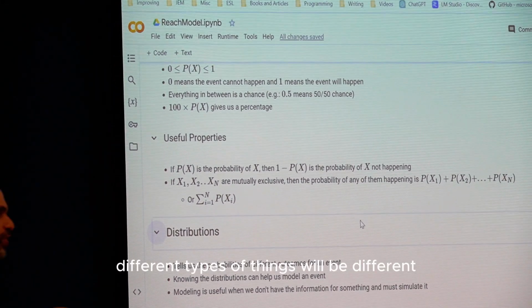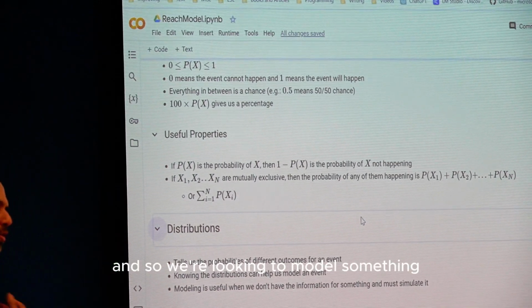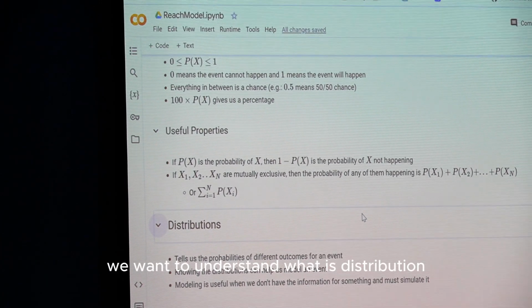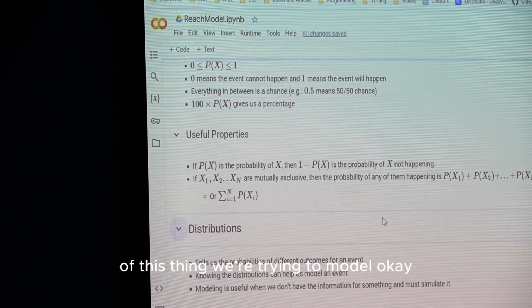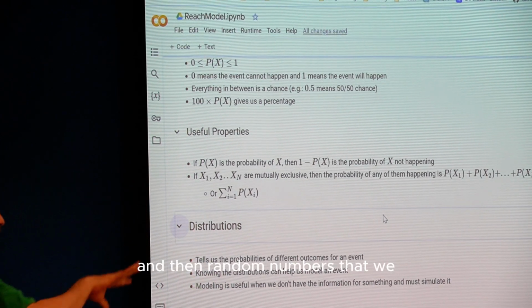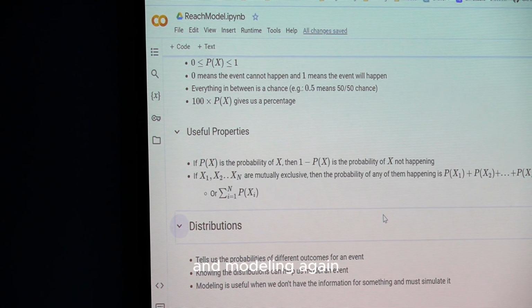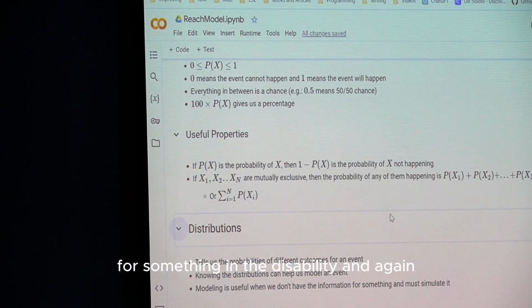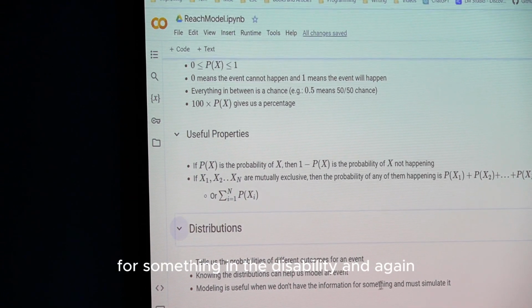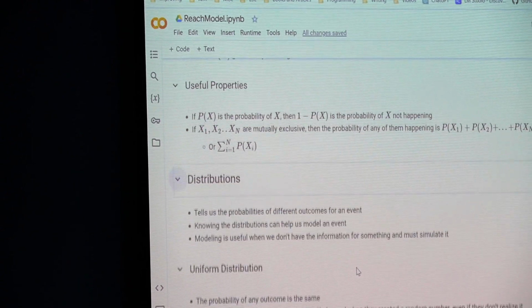Different types of things obey different distributions, so if we're looking to model something, we want to understand the distribution of the thing we're trying to model, okay? Random numbers that we draw are going to be coming from this distribution. And modeling is useful when we don't have information for something and we need to simulate it, and modeling is what we're going to do with our case study.